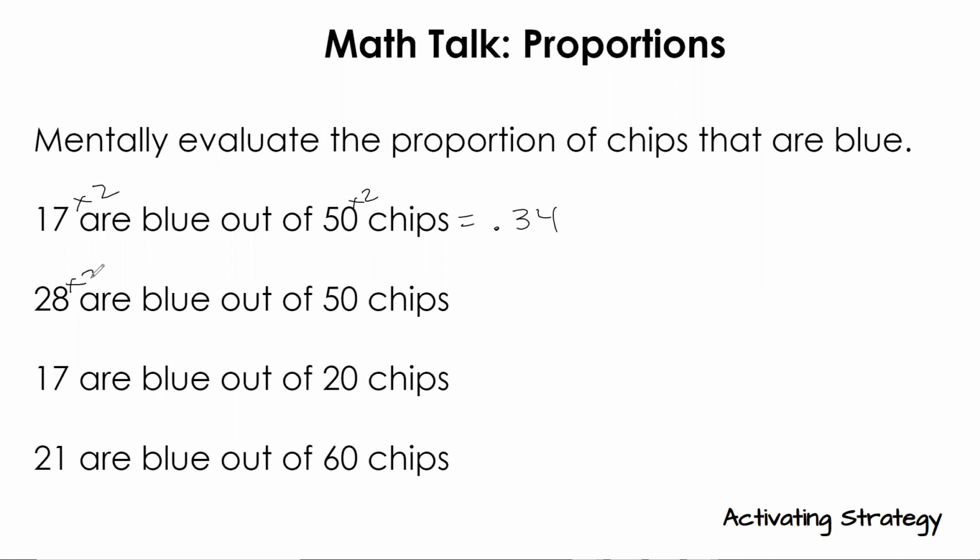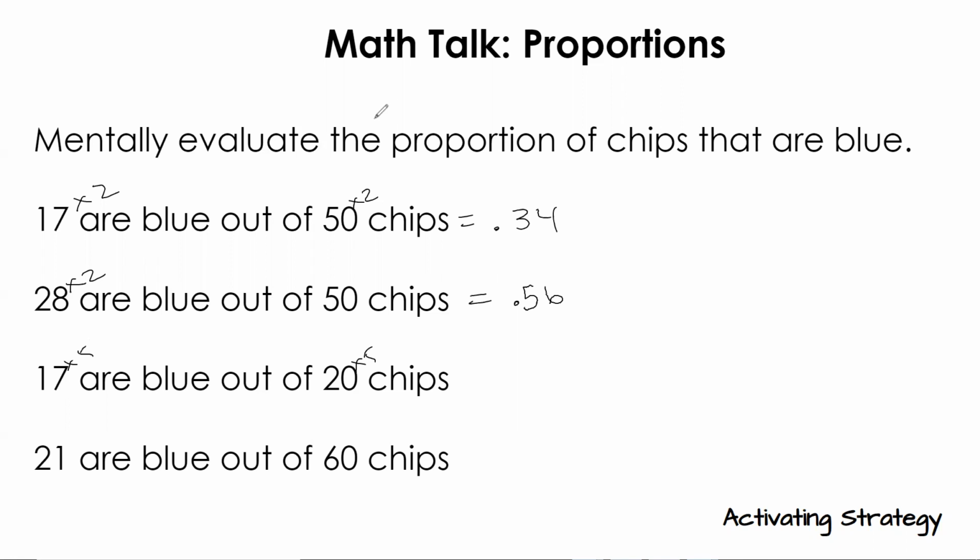So what's 28 times 2? 56. So we're going to put 0.56. This next one's a little trickier because we're going to have to multiply by 5 instead this time.